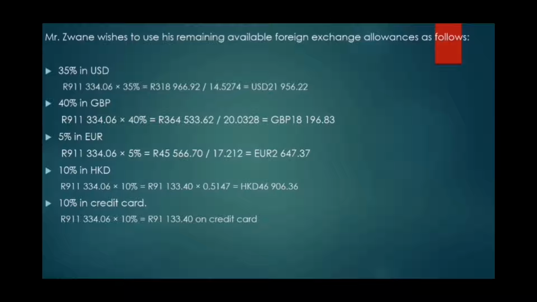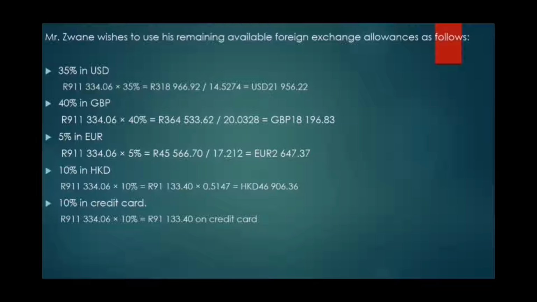So you are then going to check 35% of 911,000, which equals 318,966 rands. Now that amount, using the conversion, remember the selling rate and the conversion rules, in this case we are going to divide. You then divide that amount to convert it into US dollars.